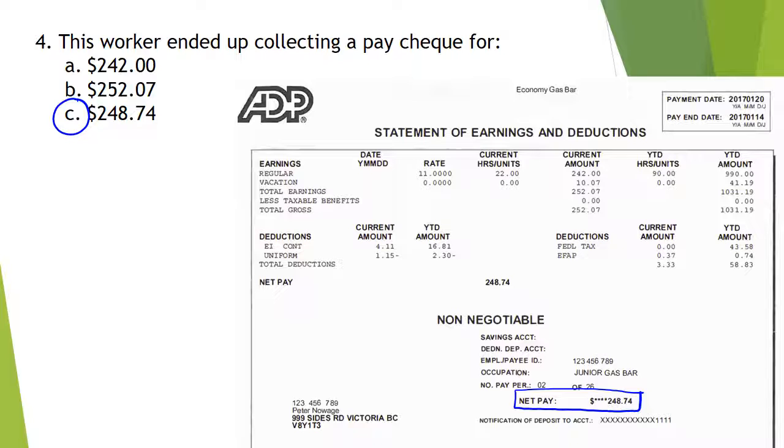That's choice C. The $242 comes from the $11 per hour wage times the 22 hours that this employee worked equals $242. $252.07 is actually the gross amount, the total gross amount from the $242 earned just through wages and working hours, plus the entitled vacation pay that part-time workers are entitled to.